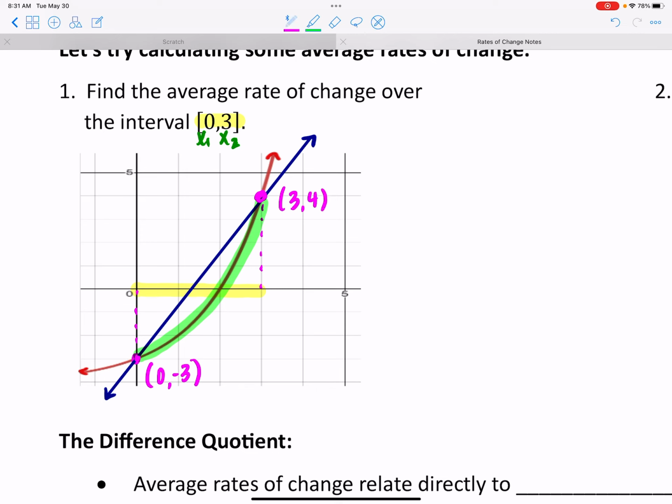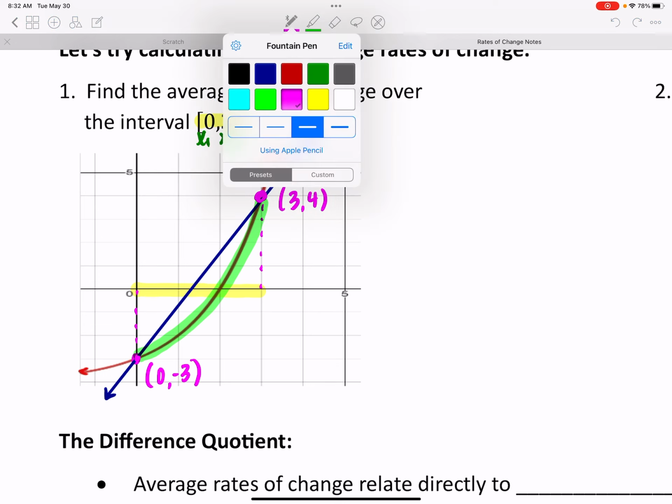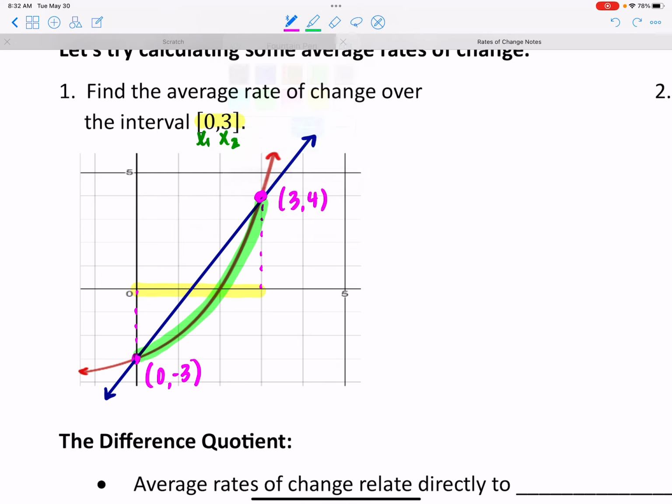Okay, so these are our x values, the starting x value and ending x value, and if we go to our graph, we will find the corresponding y values, and now we have all the information we need in order to calculate our slope. And in fact, if you just wanted to count the rise and the run on that graph, you could, but I'm going to go ahead and use the slope formula.